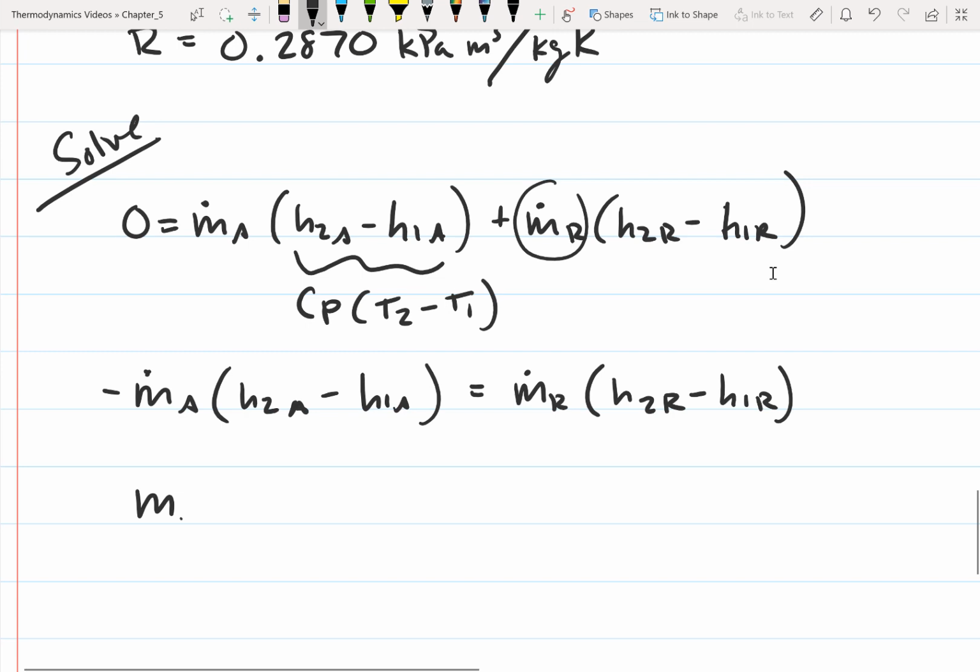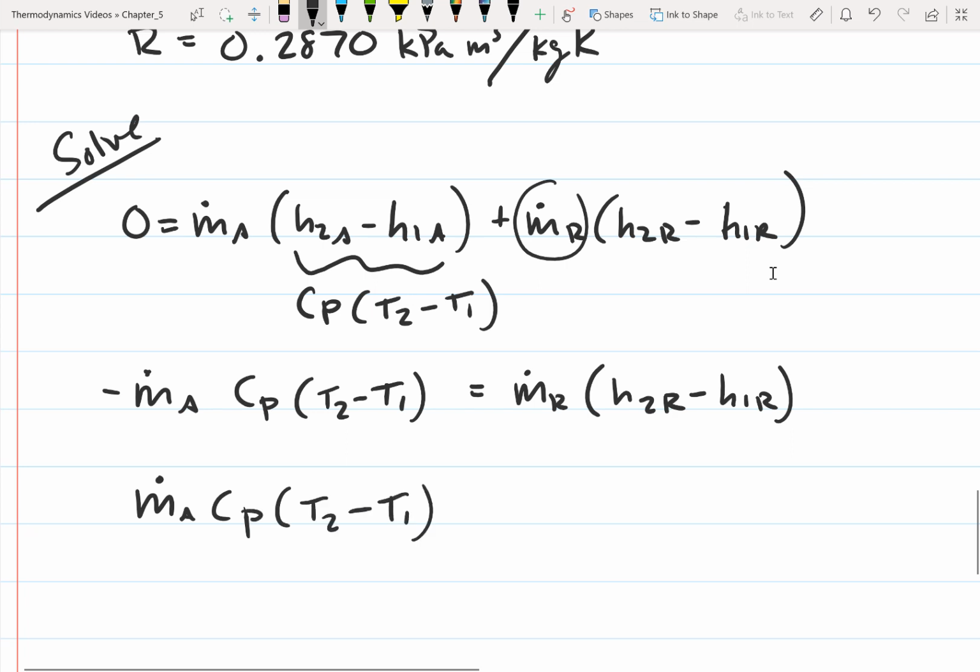So if I do that, I get m dot A, and I forgot to replace this with the specific heat. So this should be C sub P (T2 minus T1) is equal to m dot R, and then I'm just going to swap the signs on these two enthalpies. So I have H1R minus H2R.